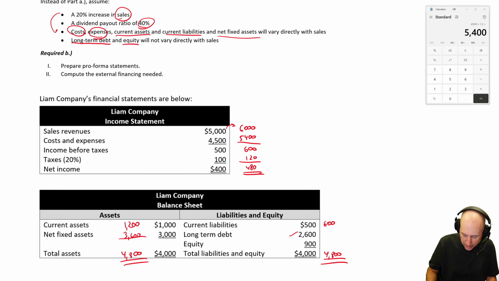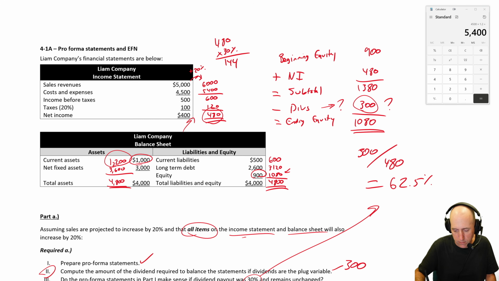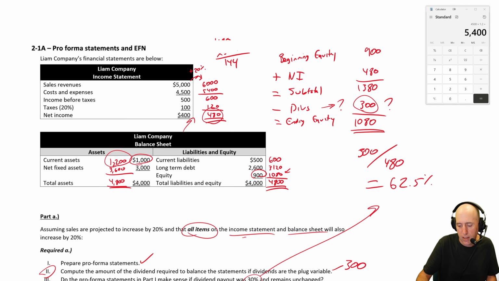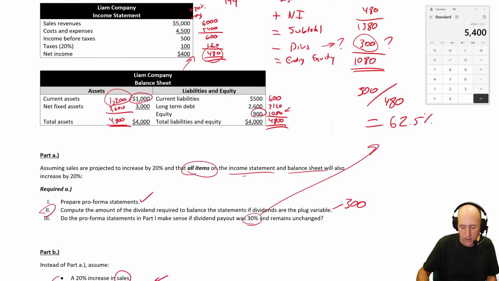We don't know our debt and we don't know our equity, except we have the tools to figure out the equity, because we know the dividend payout ratio is 40%. So let's figure out our equity. Our equity starts at $900. We're going to use the same formula as above: beginning equity plus net income, we subtotal, minus dividends to get ending equity.